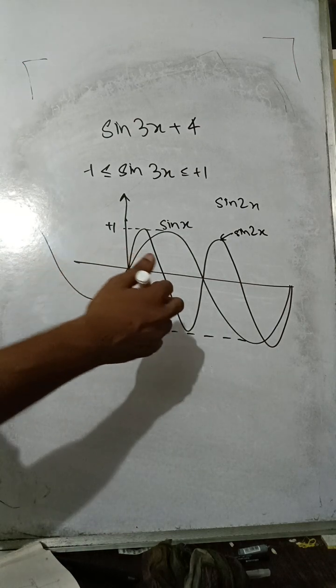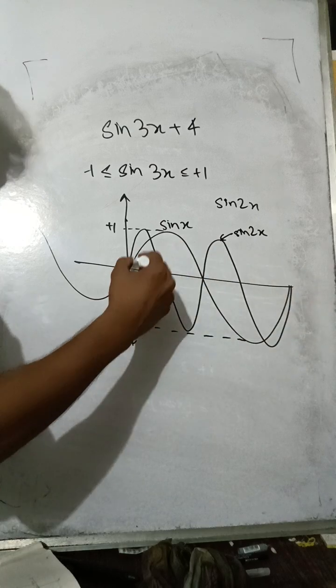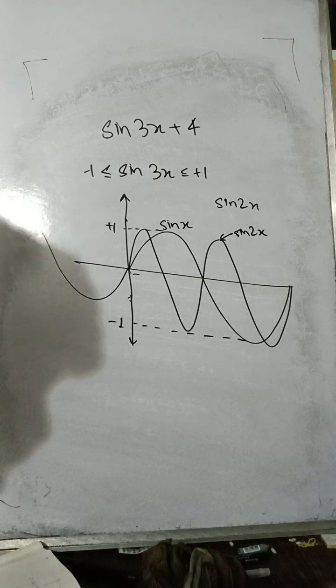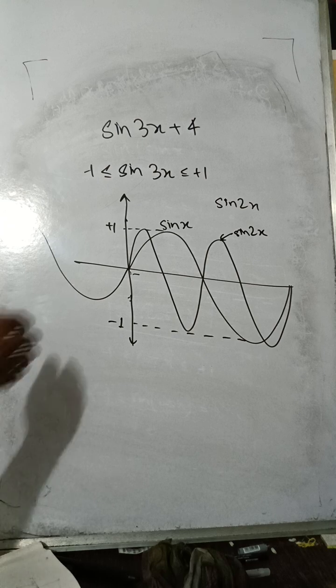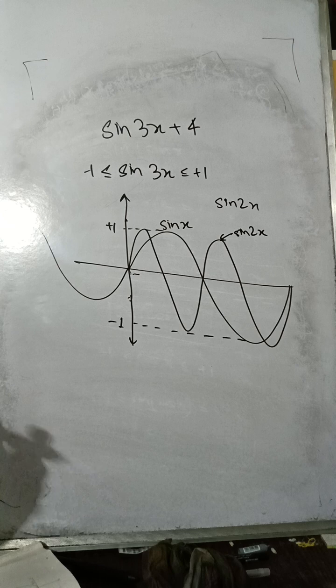Sine 3x will do what? In one cycle, sine x completes from 0 to 2 pi. Sine 3x will make three such complete cycles. But I don't care about how many cycles it makes.